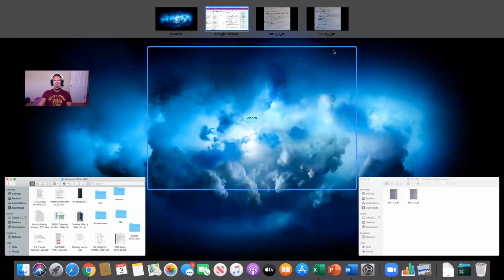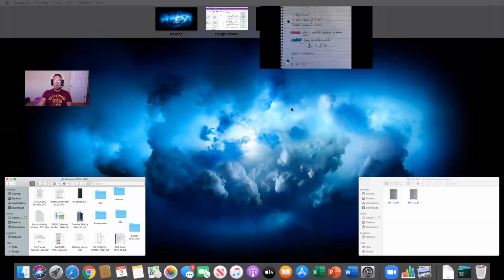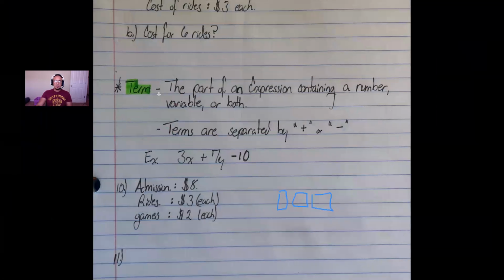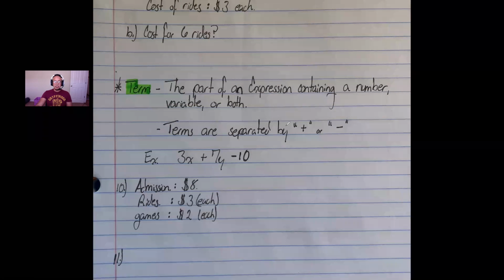In our notebooks, I want you to go ahead and copy down this definition. Feel free to pause the video as you do. And that is term. A term is a part of an expression containing a number, a variable, or both. And terms are separated by either addition or subtraction signs.